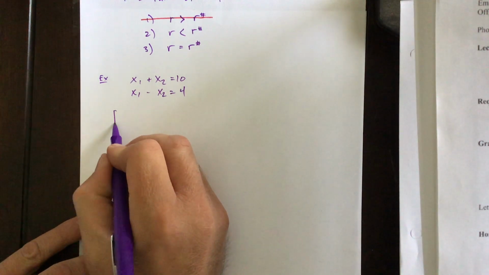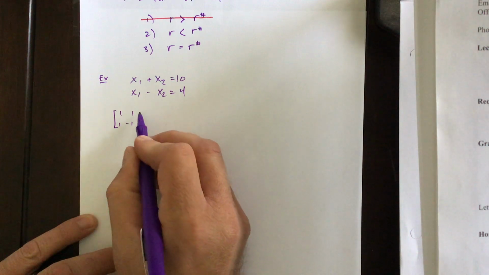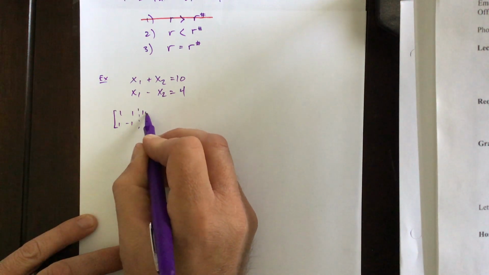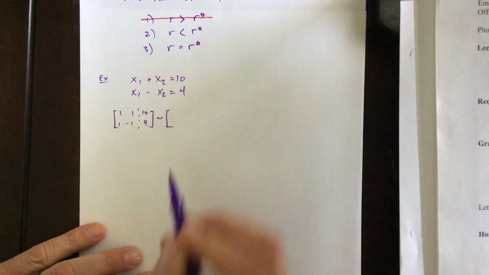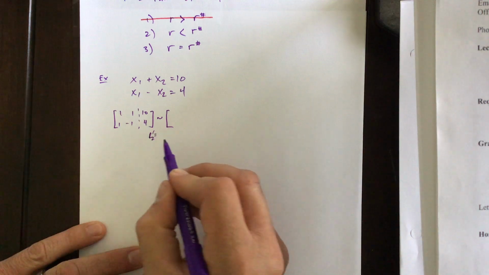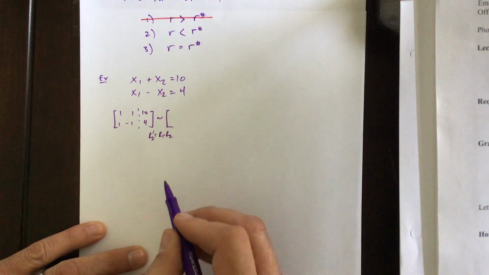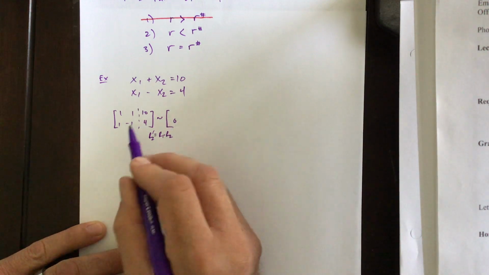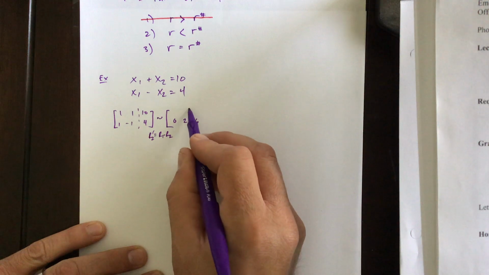You have an augmented matrix that looks like [1, 1; 1, -1 | 10, 4]. And we can do some elementary row operations. So let's let the new R2 be R1 minus R2. 1 minus 1 is 0, 1 minus the negative 1 is 2, 10 minus 4 is 6.